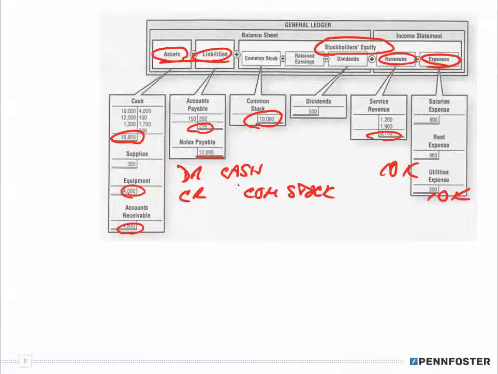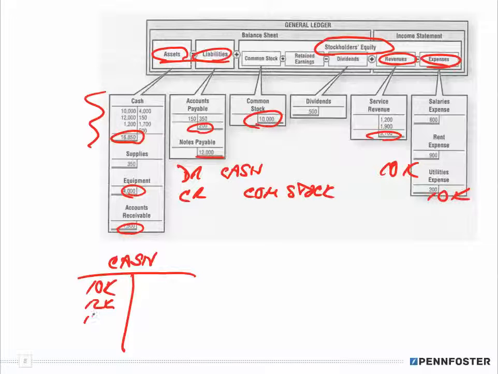Okay, what I can do now is use the T account to look at what is in a specific ledger account. When I look into cash, I can see I have a debit for 10,000. Well, if you look at these up here, I also had an entry for 12,000, 1,200, 4,000, 150, 1,700, and 500.